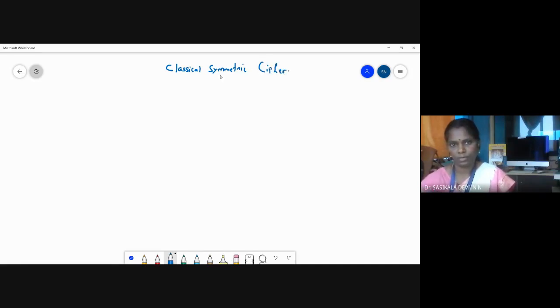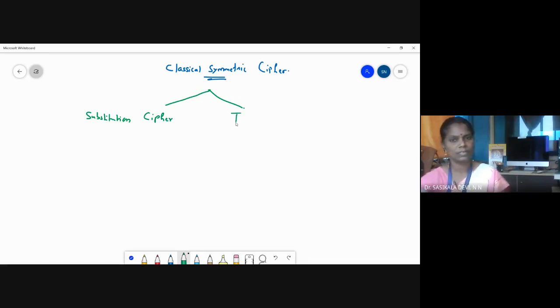There are around 7 classical symmetric ciphers, classified into 2 types. One is the substitution-based cipher, the substitution cipher. Another is the permutation-based cipher, known as the transposition cipher.